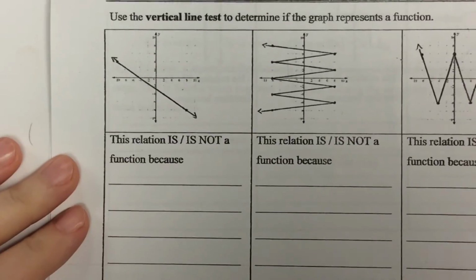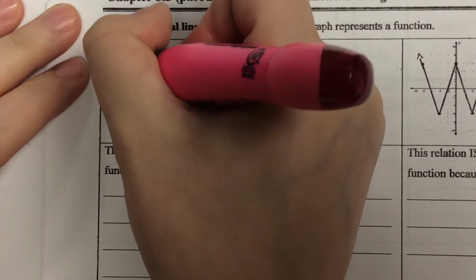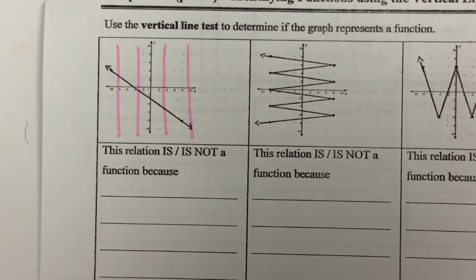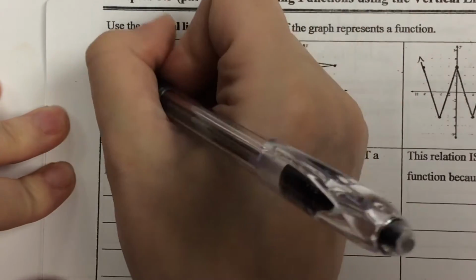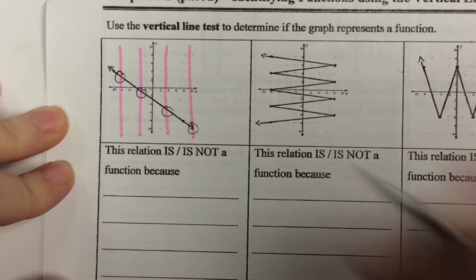So here in number 1, let's draw a line anywhere, vertical line, okay? We'll have one here, here, here. It doesn't matter. Just draw a couple of them, all right? And in these pink lines that I drew, these vertical lines only cross the graph once here, once here, once here, and once down here.